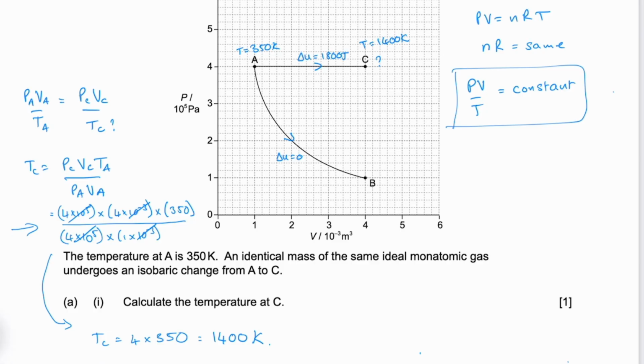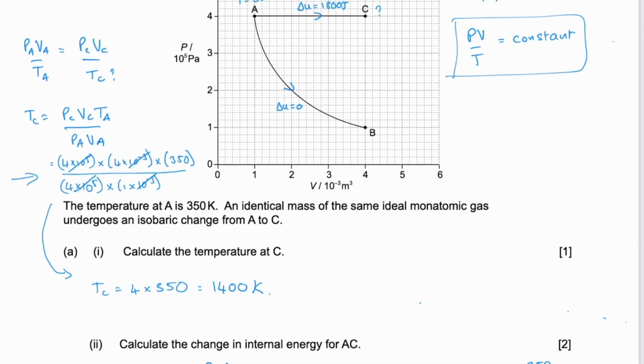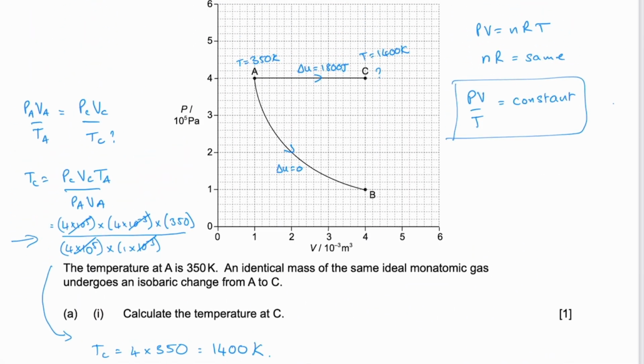1800 joules. 3. Determine the energy supplied to the gas during the change AC. Well, Q is equal to delta U plus W. We know that delta U is equal to 1800 joules. How can we find W? Let's have a look at the graph. The work done is equal to the area underneath this graph, and it's also equal to P delta V. And we've got all that data.